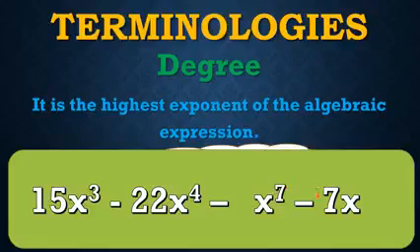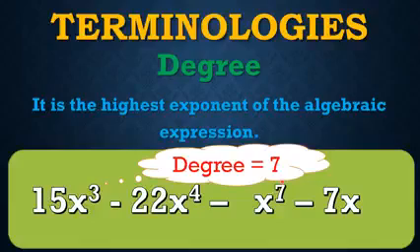While in negative 7x, the exponent is 1. So kung i-compare natin yung 3, 4, 7, and 1, yung pinakamataas is 7. Okay? That means the degree of this algebraic expression is equal to 7. Again, degree, yung pinakamataas na exponent ng isang algebraic expression.